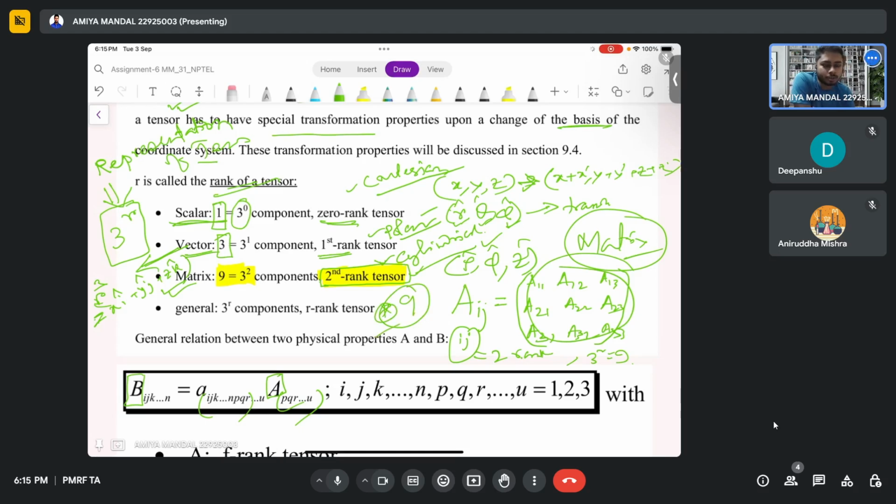The question is based on this concept of tensor. In general, there are 3 to the power r components. If we consider a third rank tensor, how many components should be there? 3 to the power 3 means 27 components. And in these 27 components, or in these 9 components, there is a property called symmetry.